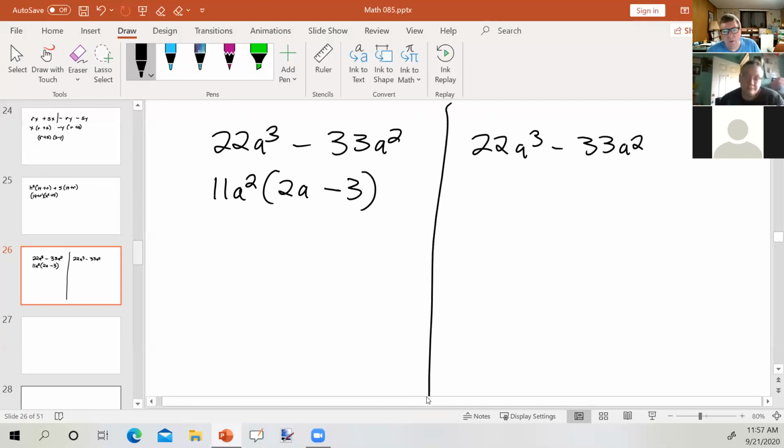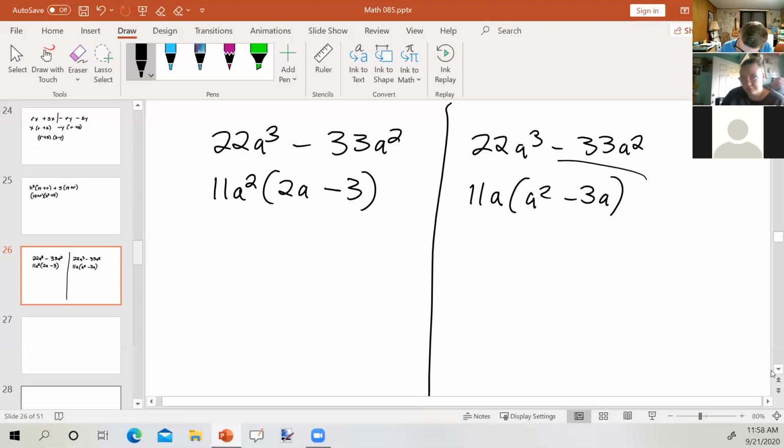I want to do this problem again, and I want to deliberately do it wrong just to show you how you know whether you're doing it correctly. Looking at 22a cubed minus 33a squared, I'm going to guess that the greatest common factor is 11a. If I do that, my leftovers are a squared minus 3a.